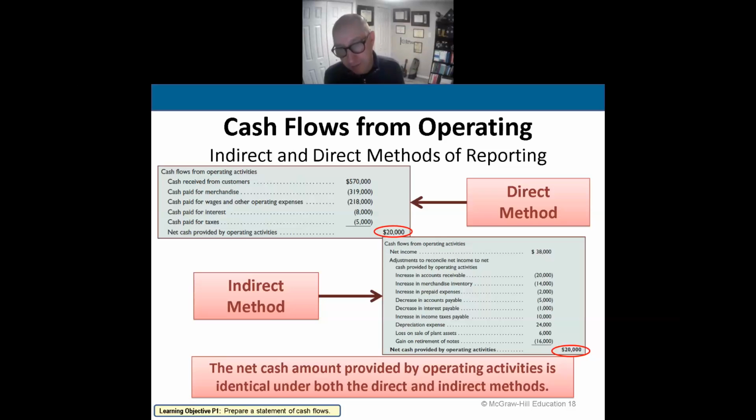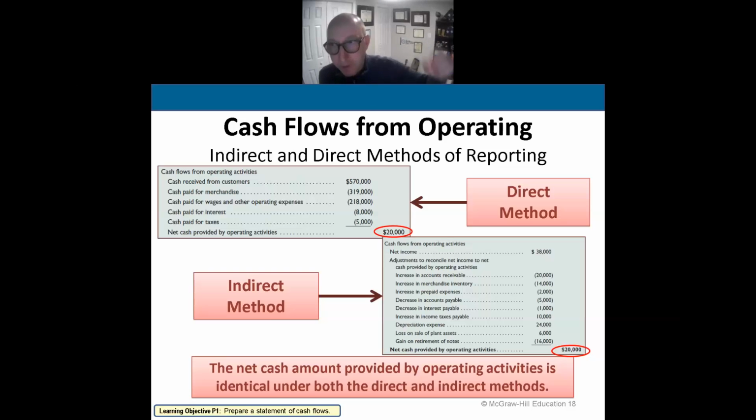We take net income minus accounts receivable minus inventory minus prepaid expenses minus accounts payable minus interest payable plus income taxes payable plus depreciation expense plus loss on sale of plant assets minus gain on retirement of notes equals net cash provided by operating activities. It's a lot. But here's the difference.